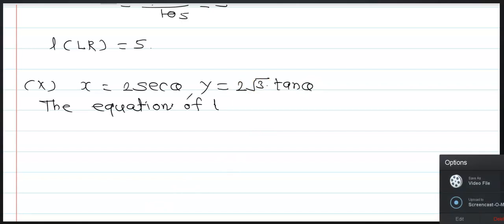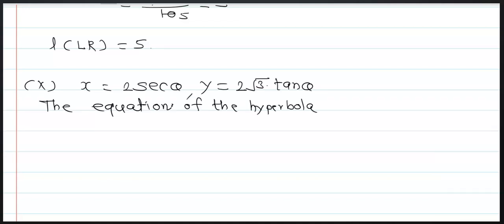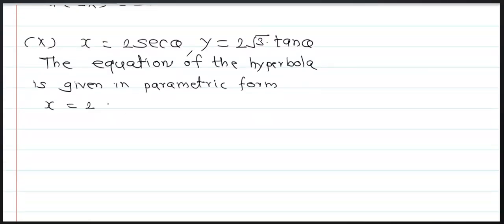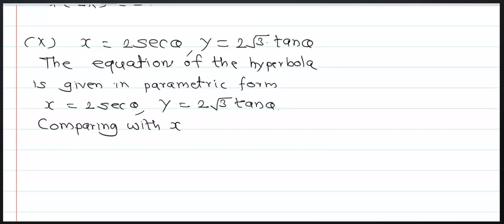For this hyperbola, which is in the parametric form, x is equal to 2 sec theta and y is equal to 2 root 2 tan theta.